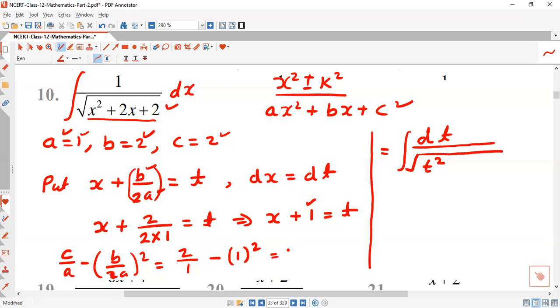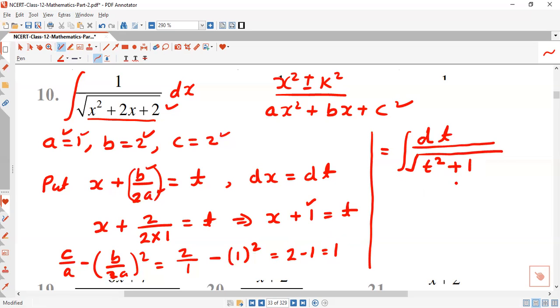This value comes out 2 minus 1 equal to 1. So this 1 comes out with the plus sign, and we write the plus 1 in this formula.